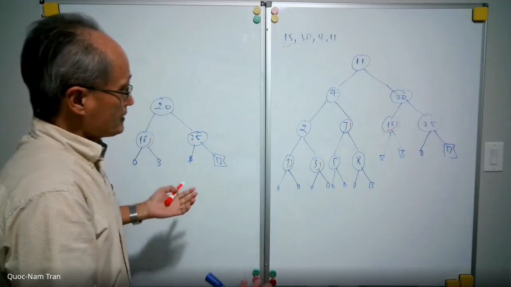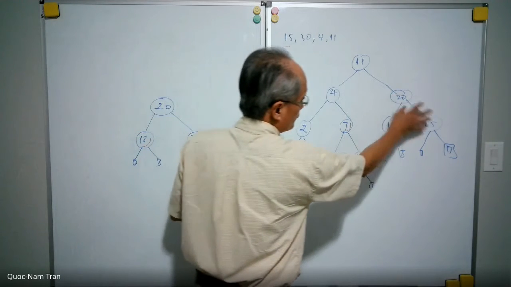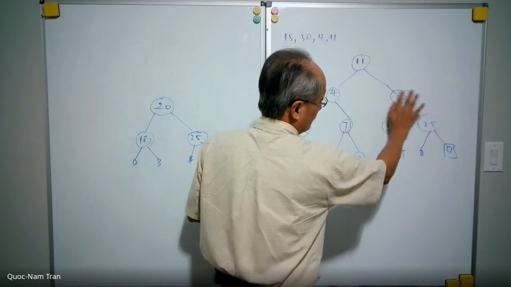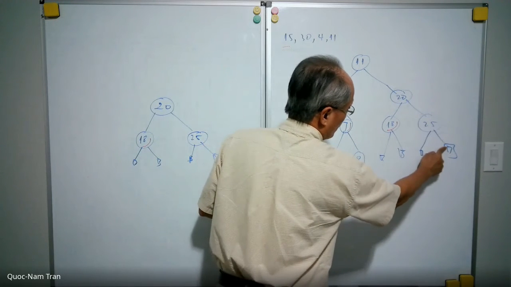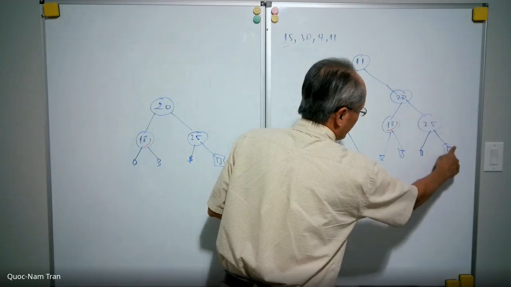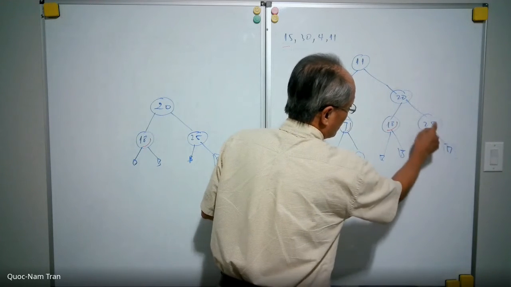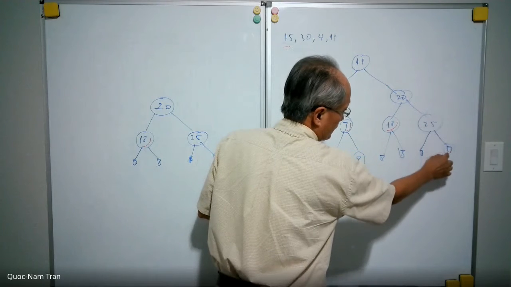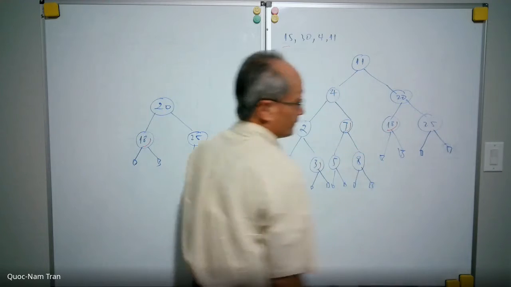As I said before, when we rotate, we bring one additional black node to the right-hand side. And hence we can remove this one, because this branch will have one more black, so it will be used to cancel the double black here.